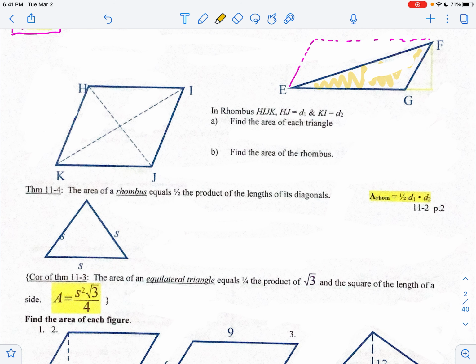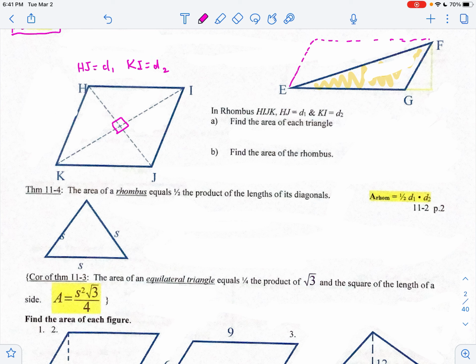Now a rhombus you might or might not be familiar with, so we're going to build it from our knowledge of the area of a triangle. When we're looking at the rhombus over on the left, keep in mind that you have two diagonals that form 90-degree angles in the middle, and let's call HJ diagonal 1 and KI diagonal 2.